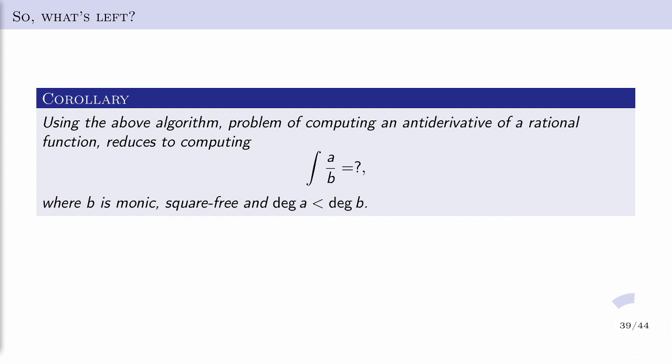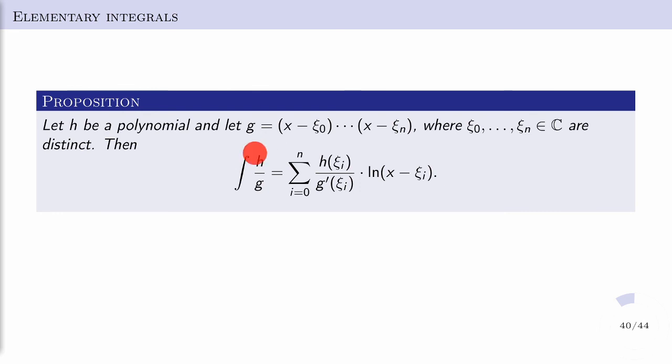And how to compute this antiderivative, this integral? Actually, this is a standard thing. Such an integral where the denominator splits into a product of linear terms, x minus psi i, where psi i are distinct roots of the denominator, is such a sum. The proof of this fact is trivial.